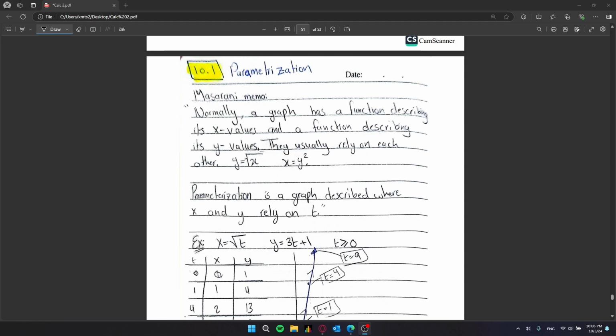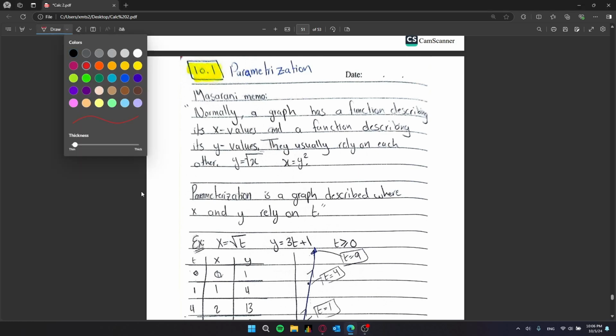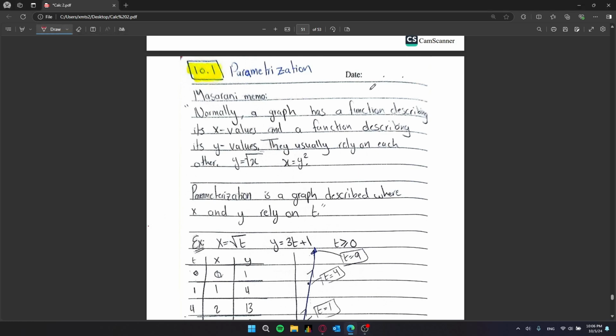Now, this is a Masarani memo. When you are thinking of a graph normally, you think of it as a function of x and y. You're thinking of it as a graph with respect to x and y, with them being related to each other. So y is some function of x, and x is some function of y. They are always codependent.